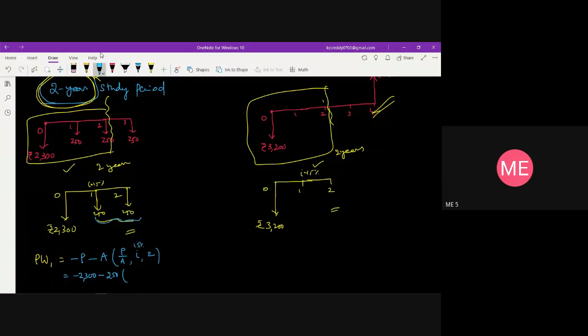By looking into the tables, P by A comma 15 comma 2 years, I'll get 1.6257. By using this, I'll find the present worth of alternative one to be minus rupees 2,707.